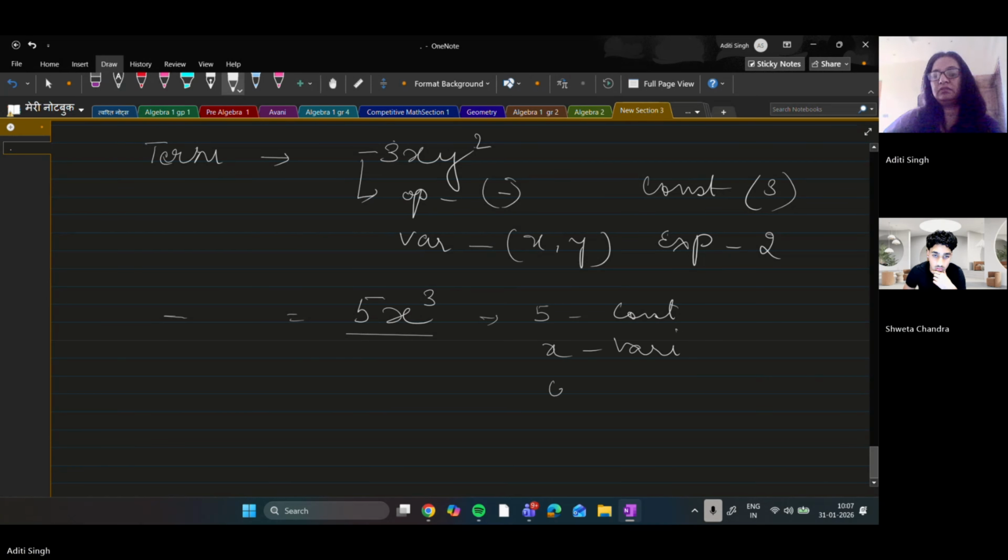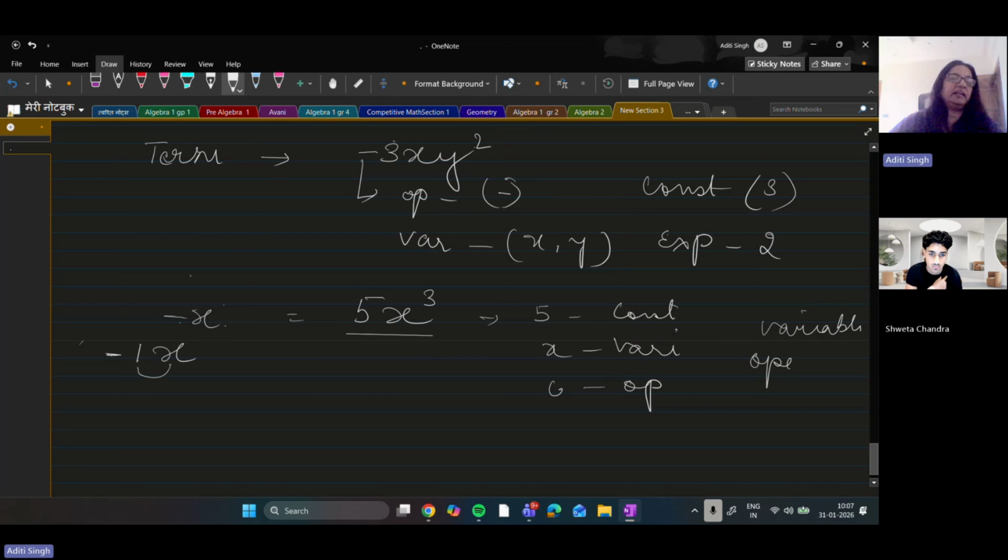Operation. Multiplication. No beta, not multiplication. You have already multiplied it. This is one number. Operation will be attached with a constant. You never write -x. The variable cannot be negative. When you're writing -x, this means that you have one x here, because anything multiplied with 1 will become the number itself.